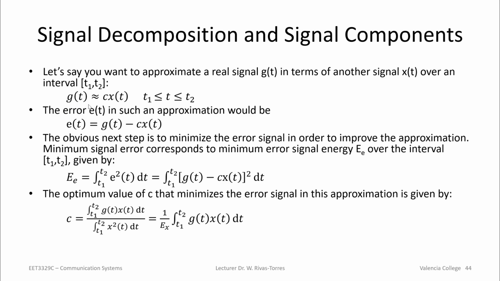That's what we see here in this first expression, g of t approximately c x of t. This is the function that we want to approximate, and we want to do that over the interval between t1 and t2.